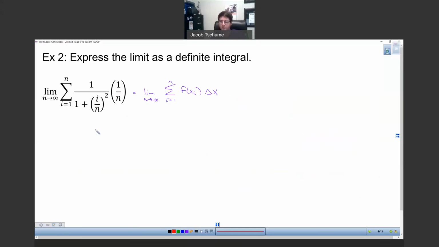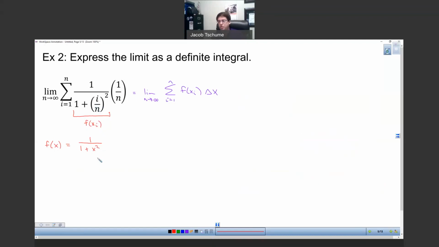So just like the last problem, if this whole piece right here is your f of x sub i, then it's very clear that if you replace your x sub i with just x, we could say that f of x is just equal to 1 over 1 plus x squared. Just replace that i over n with x.